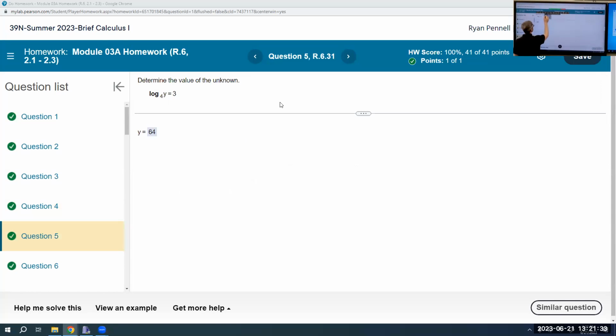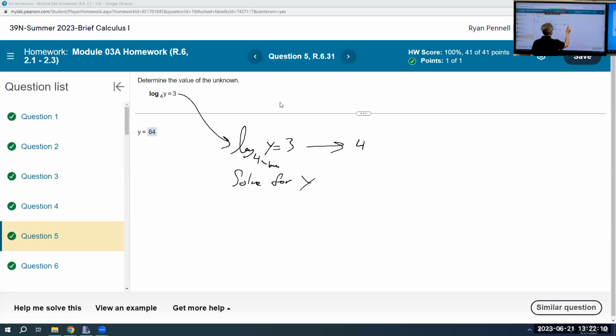Okay, but this one. I have an equation here. We have log base 4 of y equals 3. Solve for y. Well, can we? So I think what we need to do is convert it to an exponential and see what happens. So this is base 4. This is my base. So that's 4 cubed equals y.